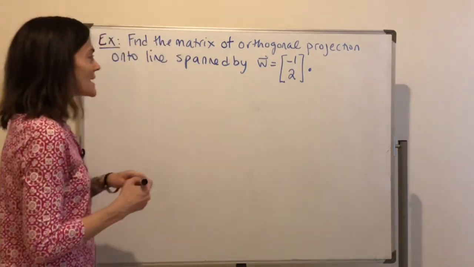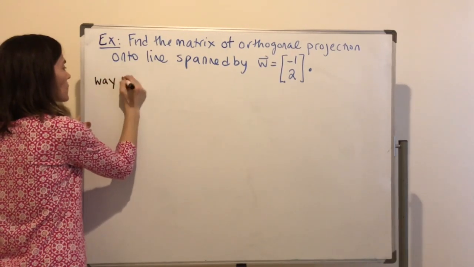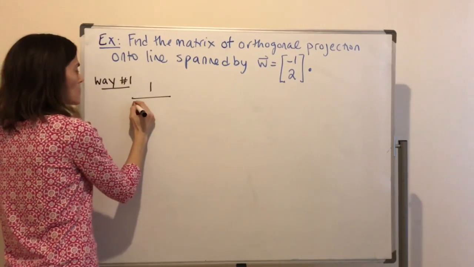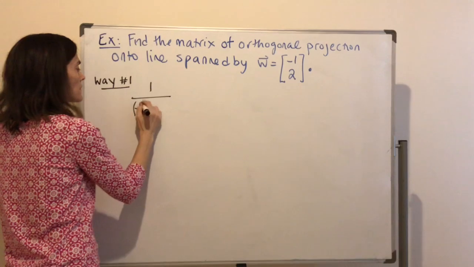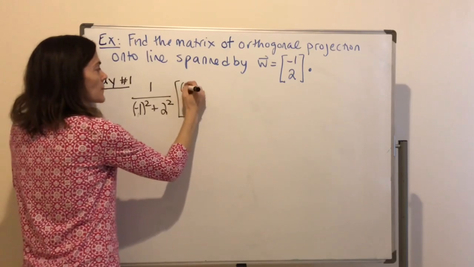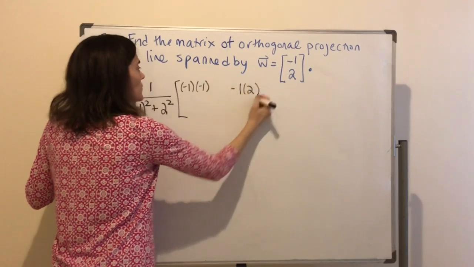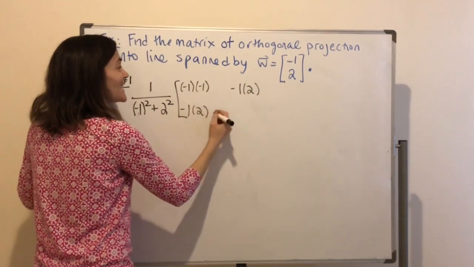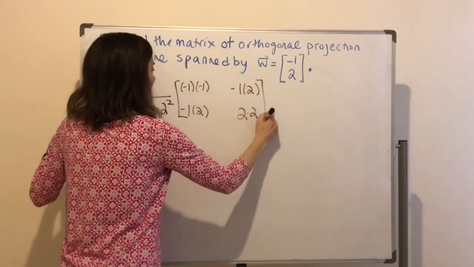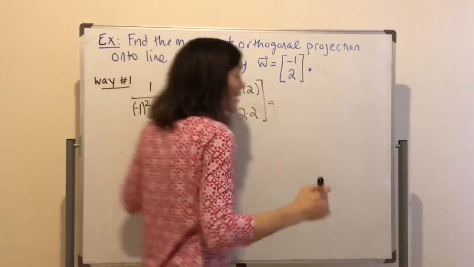The first way, way number 1, you take 1 over W1 squared plus W2 squared, and then here you have W1 squared, and then you have the product W1, W2, W1, W2, and then W2 squared. This is what we found, right? And then if you multiply all this out, what is the matrix?